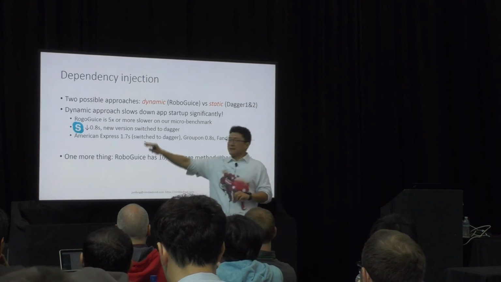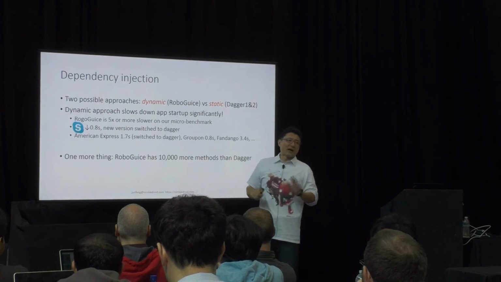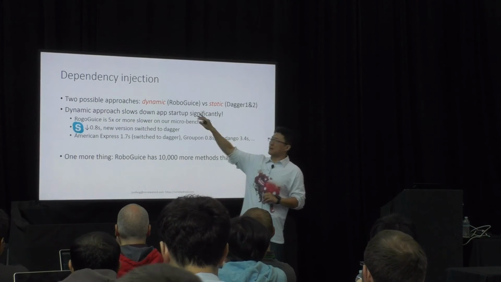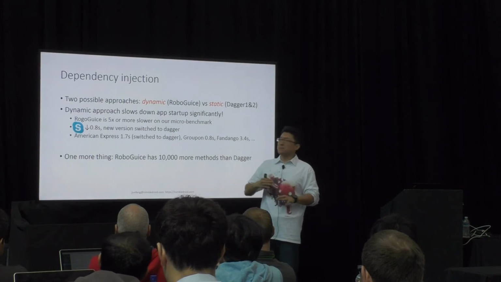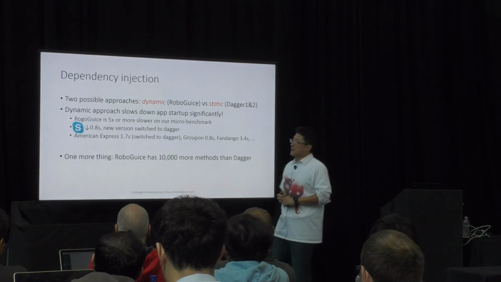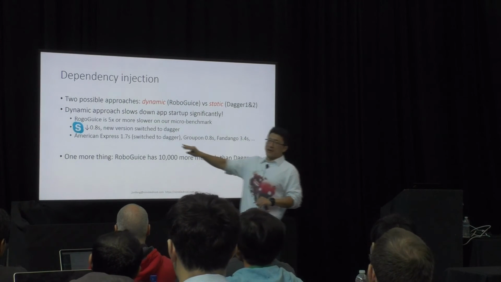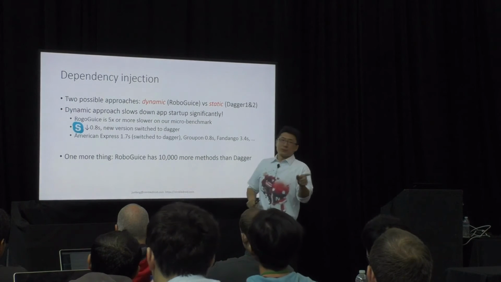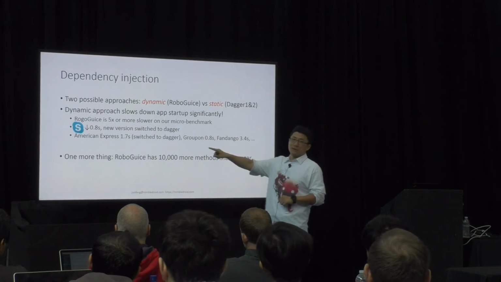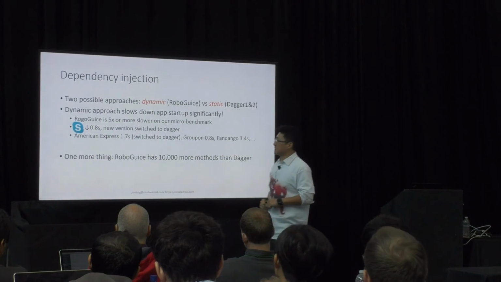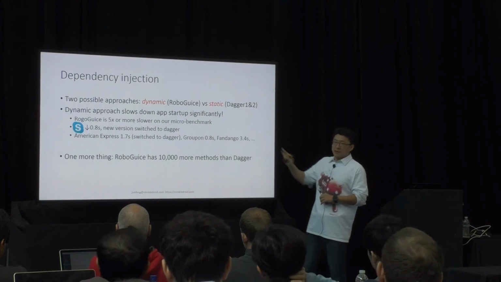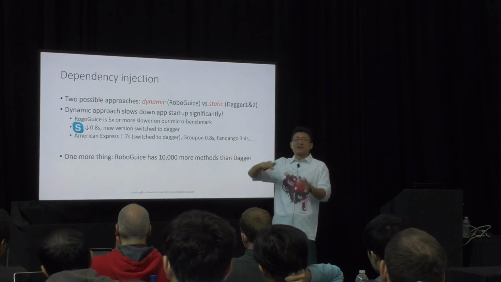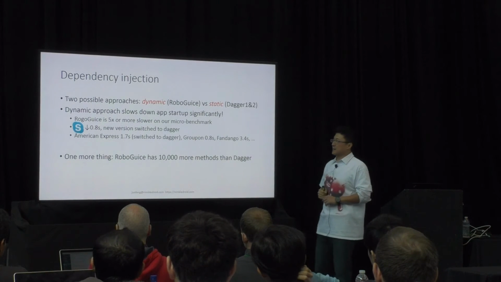For example, Skype has an 800 millisecond delay because of RoboJuice, and then later they switched to Dagger, and this dependency injection overhead became like 100 milliseconds. And we've seen that American Express shifted from RoboJuice to Dagger, and they reduced the 1.7 second injection overhead. And Groupon and Fandango, right? So all these apps are very popular, and some of them already switched to Dagger, but some of them haven't switched to Dagger yet.